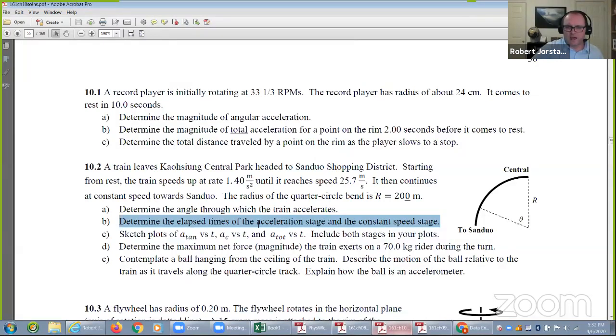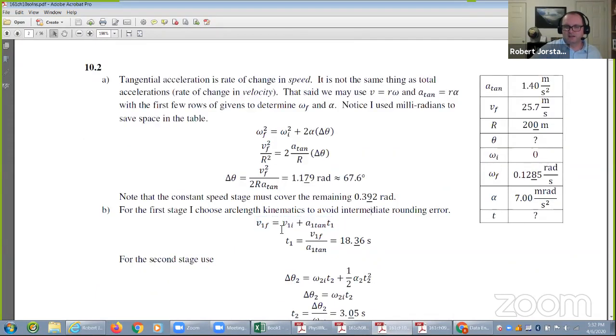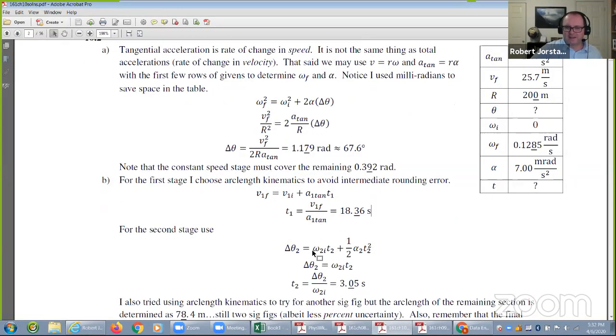So here's one kinematics equation. Notice I use translational. That's fine. So if I know the velocity at the end of stage 1, that's the velocity initial stage 1 plus this. So I can do all that and I get a time. For the second stage, I used rotational kinematics. Why?